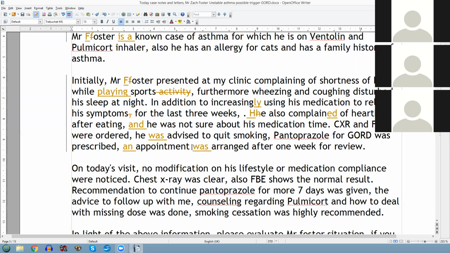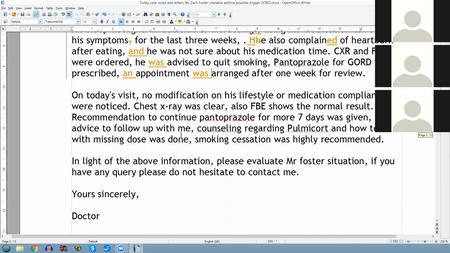Got to watch the grammar. There's a lot of grammatical mistakes, and this is only the second paragraph. On today's visit, no modification of his lifestyle or medication compliance were noticed.